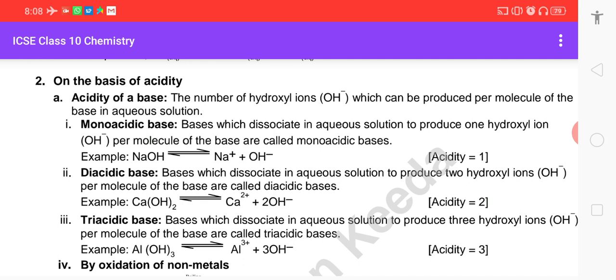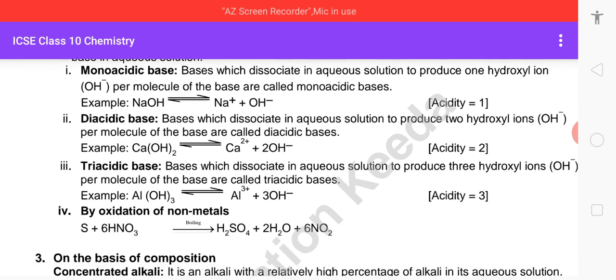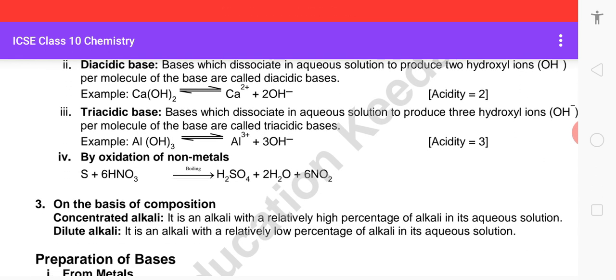Then triacidic base: bases which dissociate in aqueous solution to produce 3 hydroxyl ions per molecule of a base are called triacidic bases. For example, aluminum hydroxide dissociates to give 3 hydroxyl ions, so its acidity is 3.